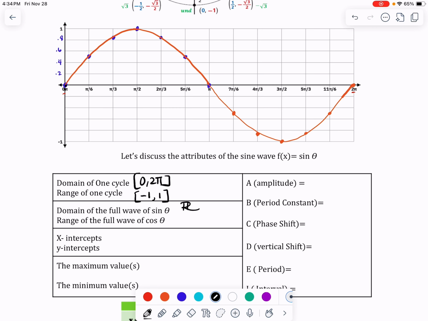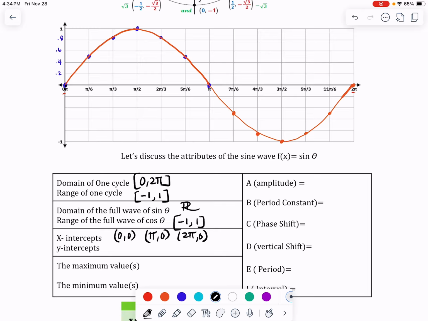Range of the full wave does not change, it still stays as -1 to 1. X-intercepts, from that one cycle we can see 3 x-intercepts: (0, 0), (pi, 0), and (2 pi, 0). However, there are infinite x-intercepts in the full wave.